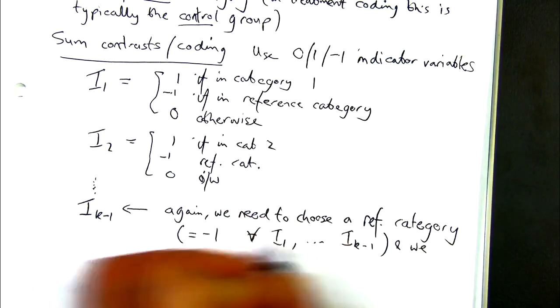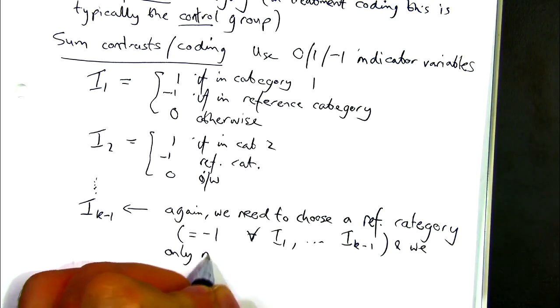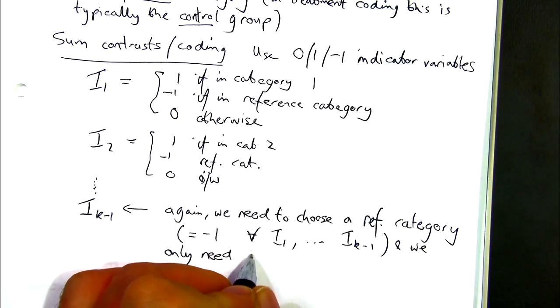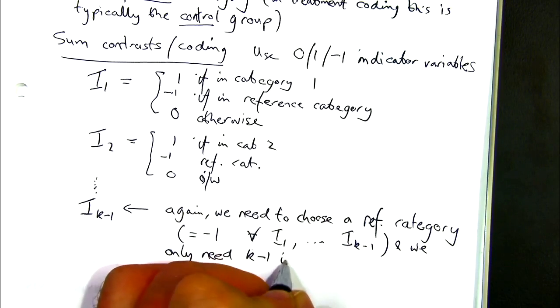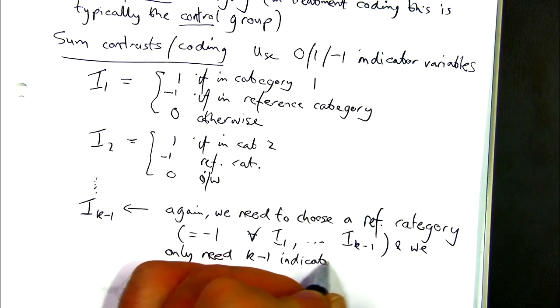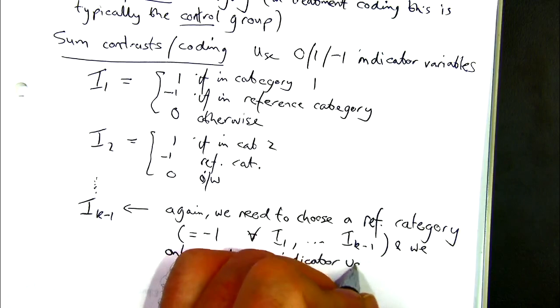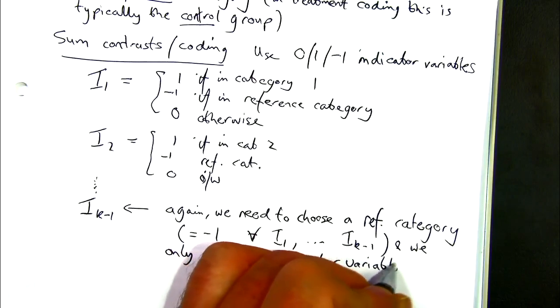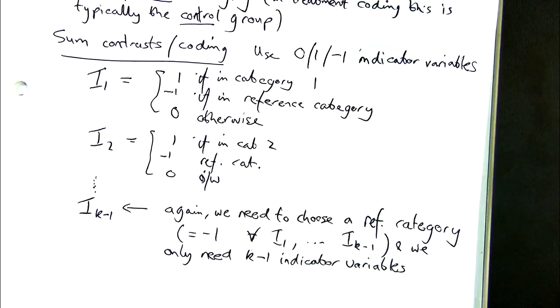And we only need K-1 indicator variables again. If we try to fit all K, we're going to over-parameterize and lead to perfect multicollinearity.